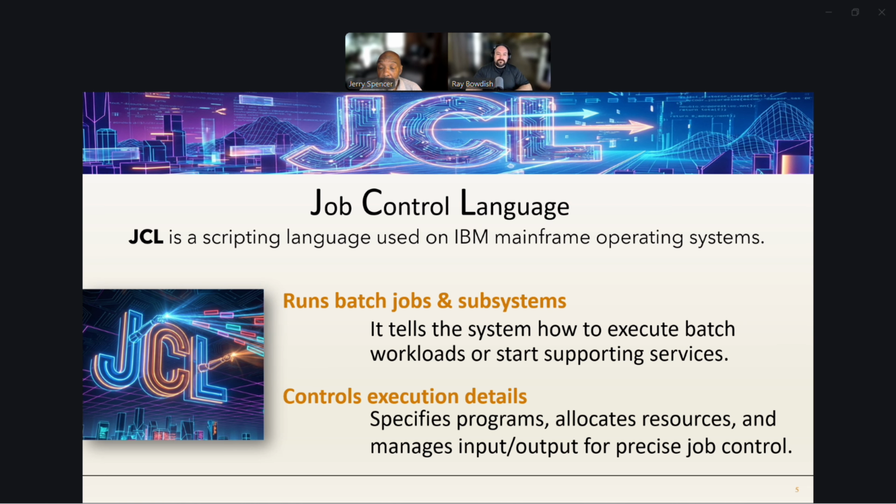You say, I've got a job, I want to submit it. You tell it what class you want it to run in, and you tell it the specifics of what you want to accomplish: what programs you want to run, what resources you want to use, where the output goes, where the input comes from. All of this is specified in the JCL so that your job will do what you want it to do.